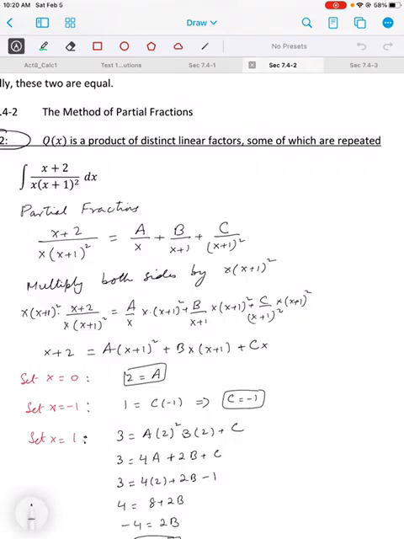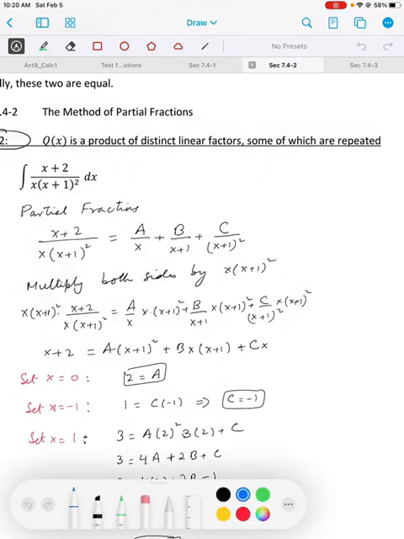Note here that we have x plus 1 appearing twice, so we put it once and then we put it squared. So B over x plus 1 plus another constant C over x plus 1 whole squared.